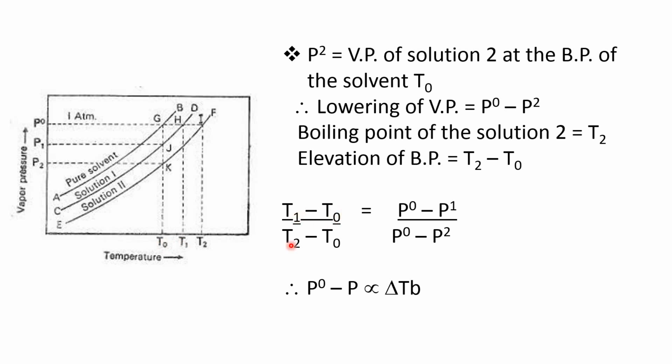So (T1 minus T0) divided by (T2 minus T0) will be equal to (P0 minus P1) divided by (P0 minus P2), from the similar triangle rule. Therefore, from this equation I can write that the lowering of vapor pressure, P0 minus P, is proportional to the elevation of boiling point, delta T.